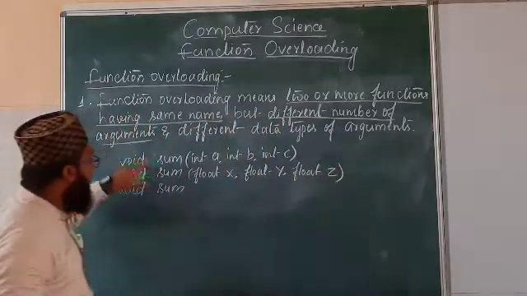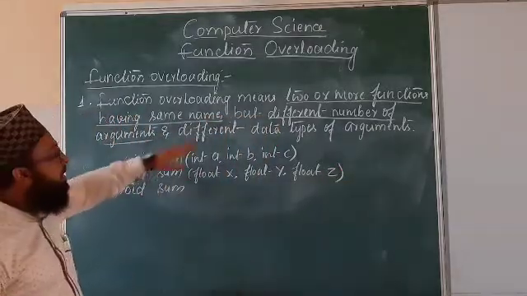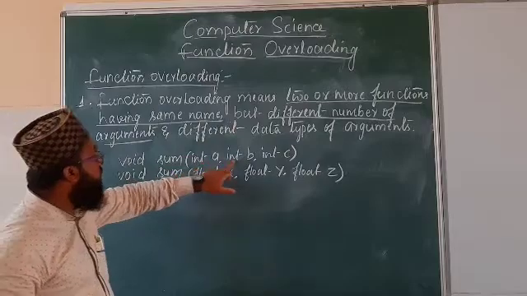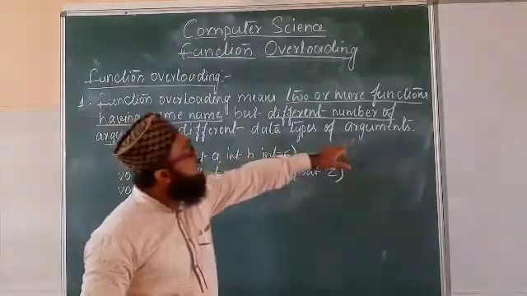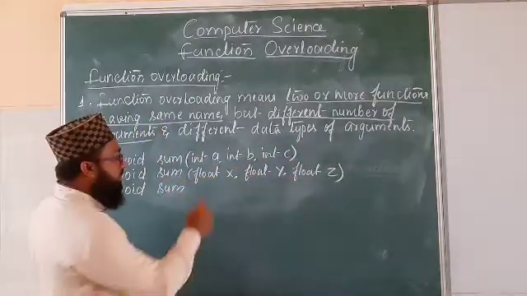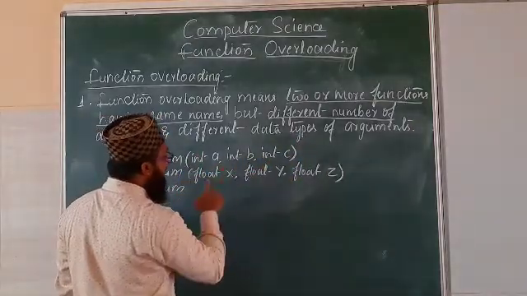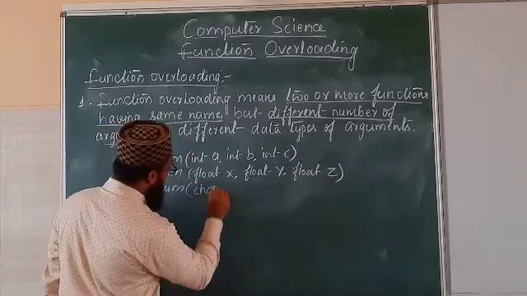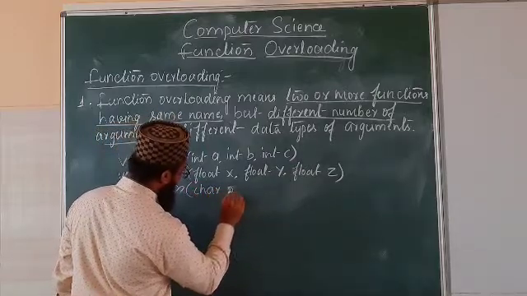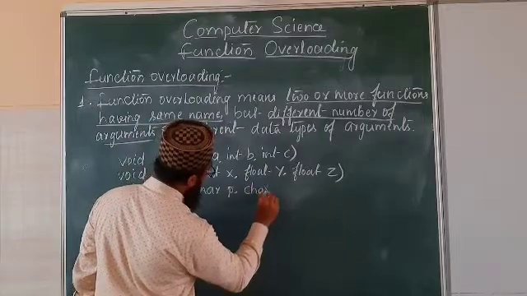See, the functions have the same name but different numbers of arguments: 1, 2, 3. The data types of arguments are also different. Here the integer data type is there, then here the floating data type. Again we can take char p, then char q.